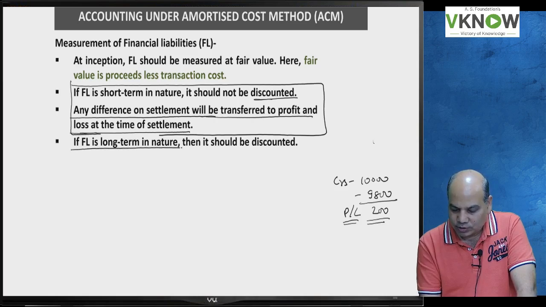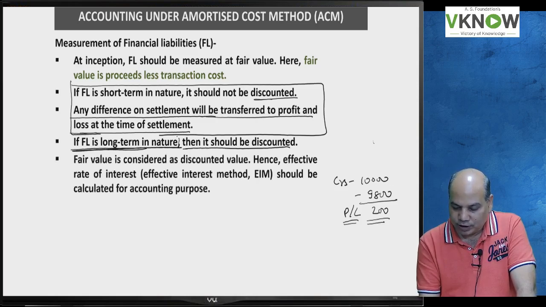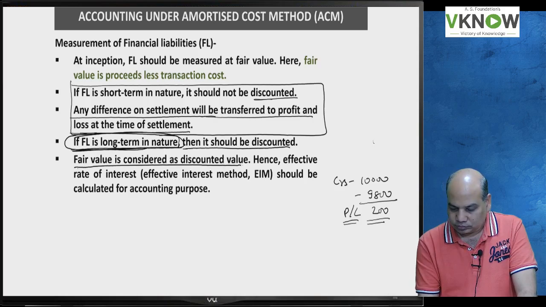If it is long term in nature, then it should be discounted. Long term means if you find it is more than 1 year, then we'll discount it. Now what about the discount rate? That depends on how the question is framed. Fair value is considered at discounted value.